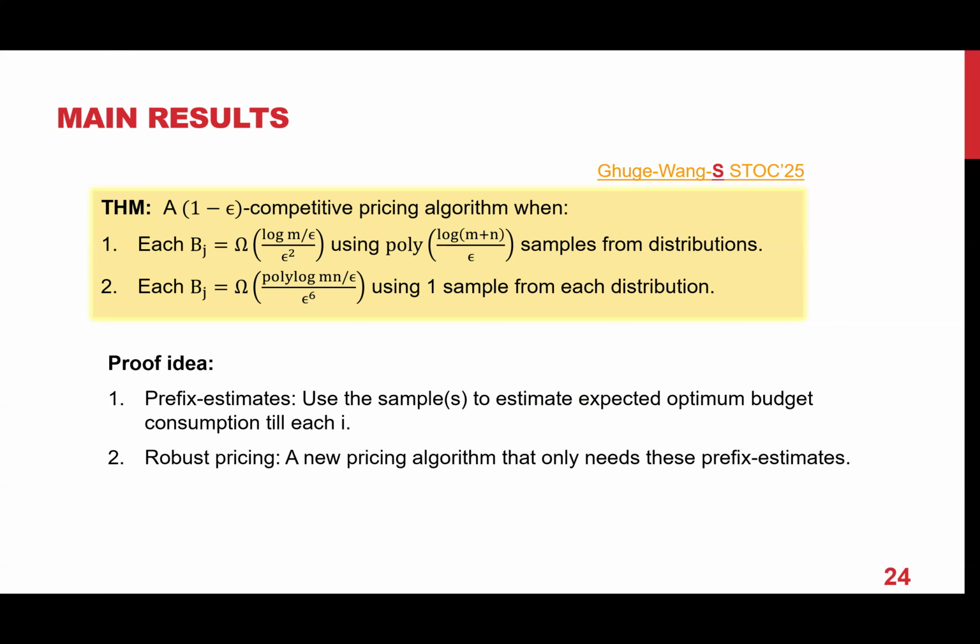The high level idea is that we need to come up with a good pricing algorithm, the way to update prices. So what we end up doing is roughly the following. Remember in the IID case, overall I had to consume B budget. And because everything was identical, per time step I expected to consume exactly B over N resource.